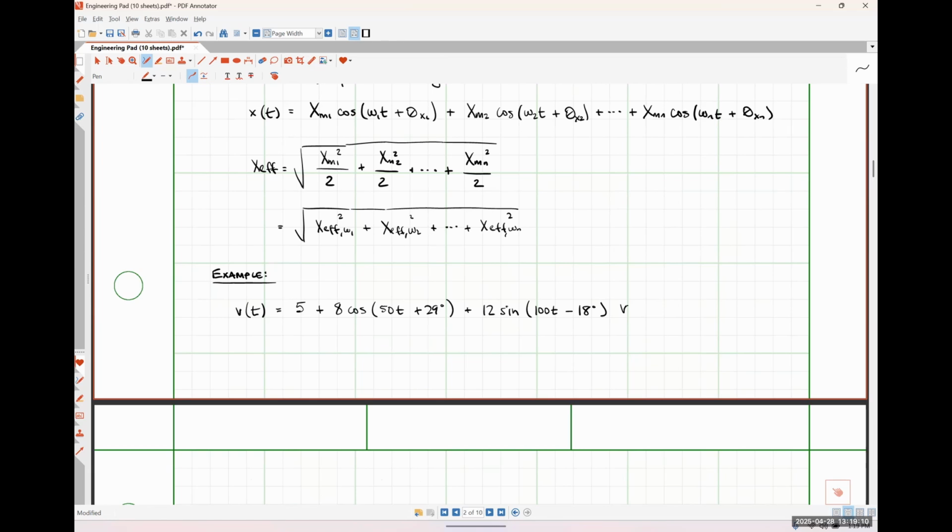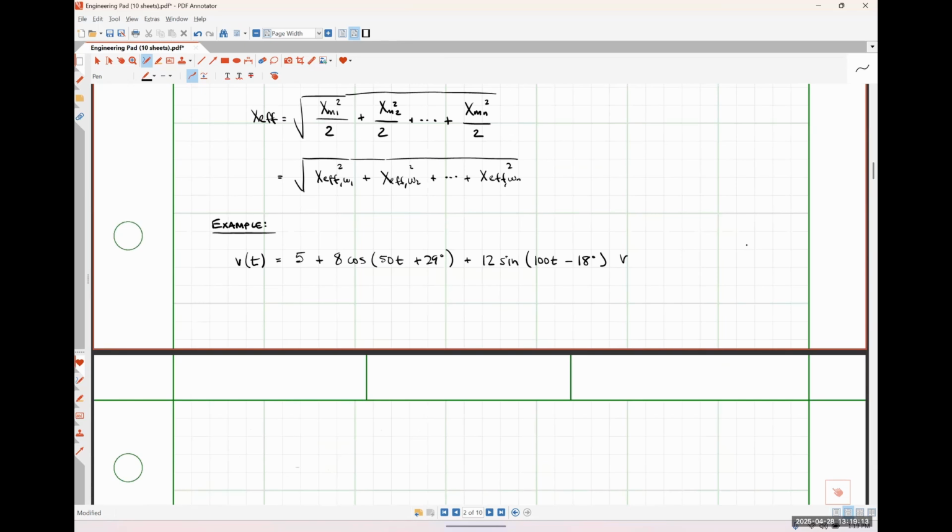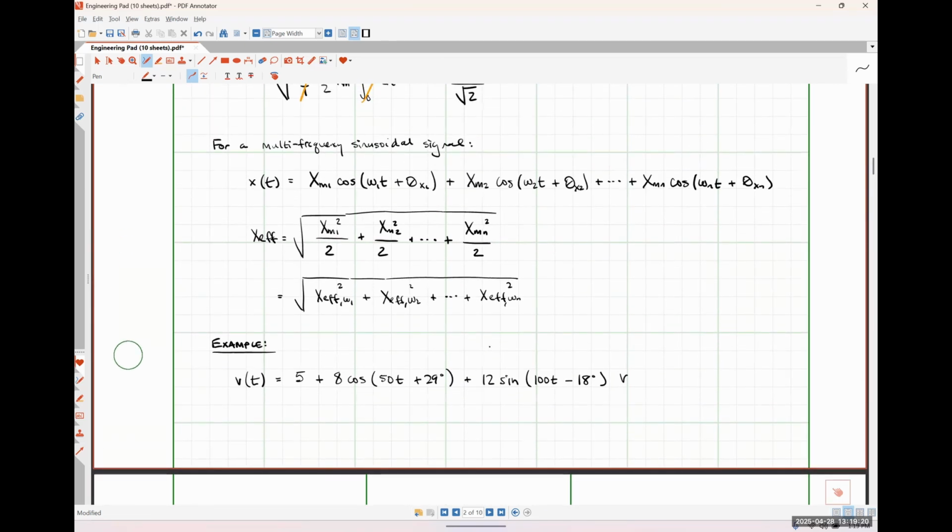Okay. So I know this might seem a little odd because everything that we derived up here said that this is for a multi-frequency sinusoidal signal. And you may argue that the example that I have given you isn't a multi-frequency sinusoidal signal, but I'm creative, okay? So I'm going to say that that DC signal is indeed a sinusoidal signal, but my sinusoid is oscillating at a frequency of 0 radians per second, right?